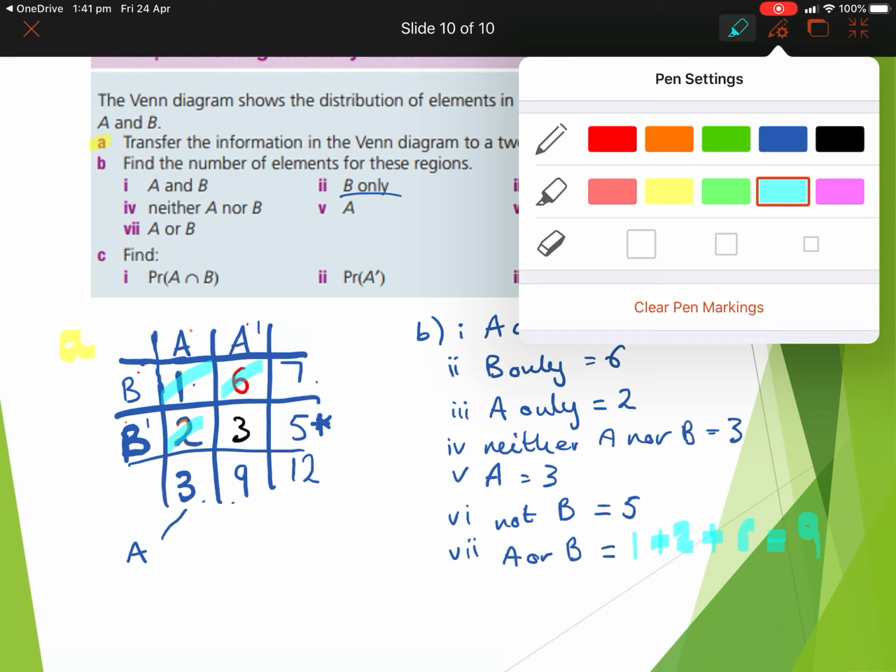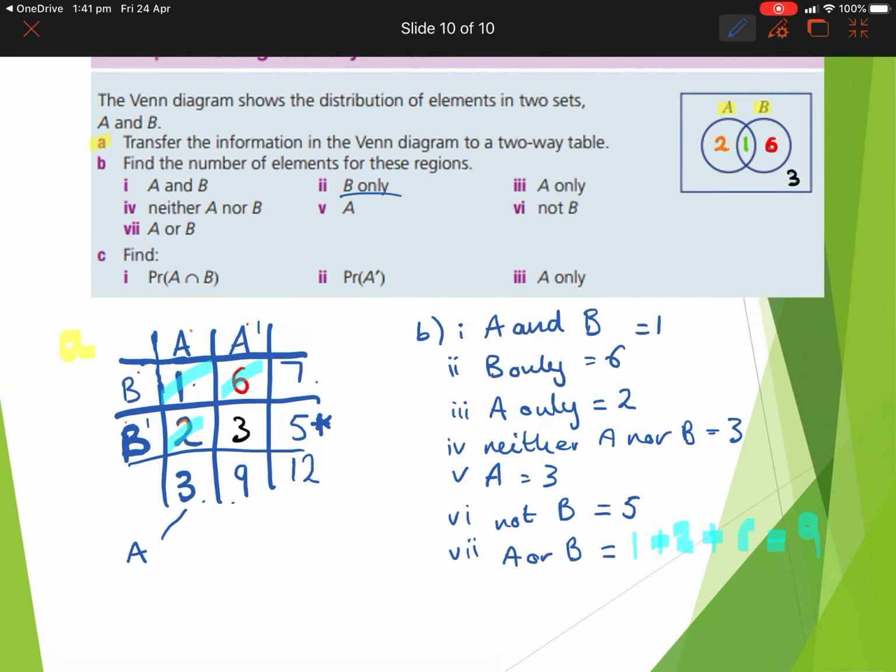Okay, one really last bit. So the C, I. So find the probability of A intersect B. Okay, remember the intersection is A and B. Okay, over here, we know that it's 1.